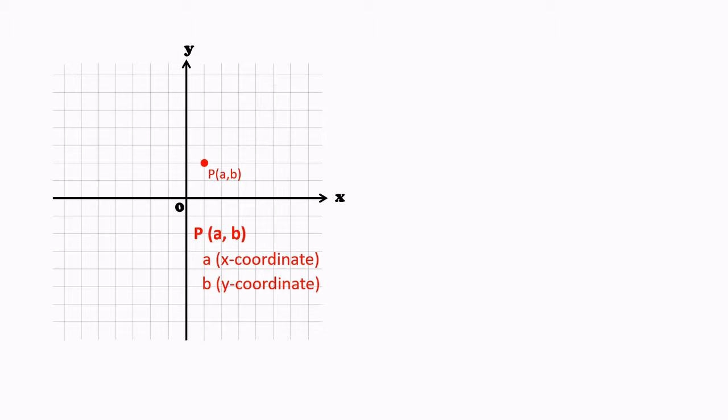Now let's look at the point P at the position (a, b). If there is another point Q lying on the horizontal or vertical line of point P, the distance between P and Q would simply be the difference between their x coordinates or y coordinates respectively.